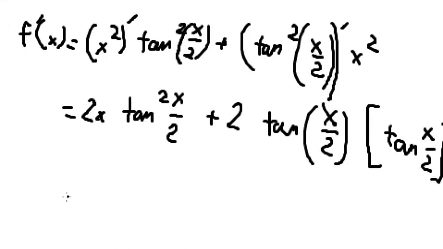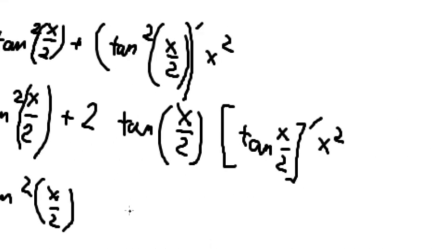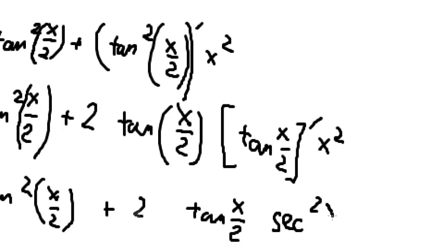So we write this one same in here. First derivative of tan, we have secant s over 2 squared. First derivative of s over 2, we have 1 over 2.